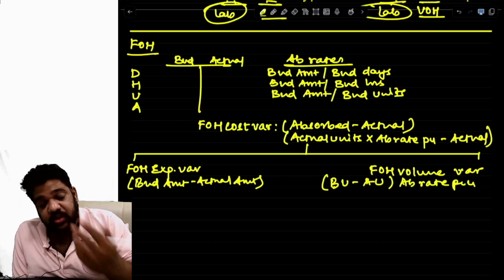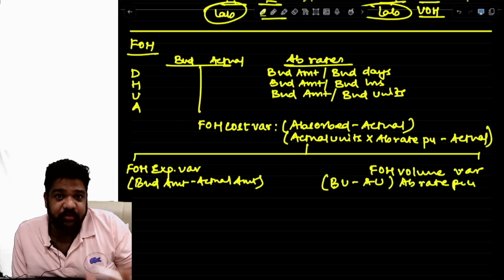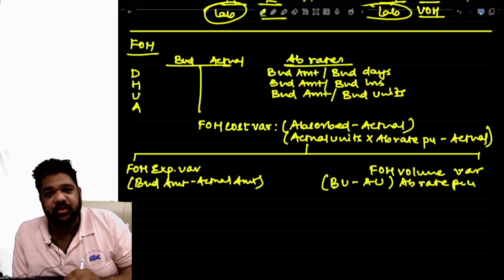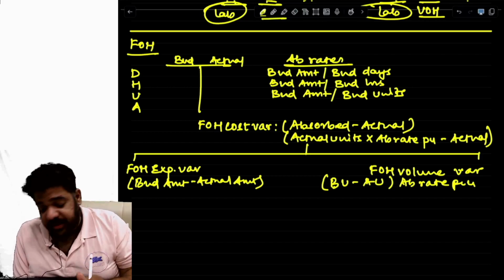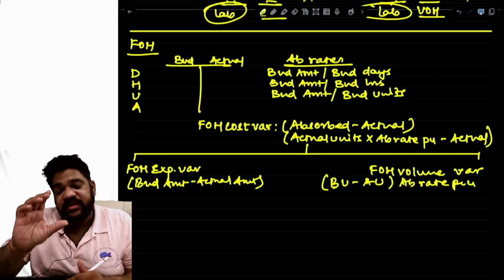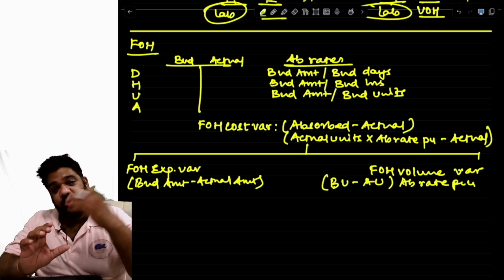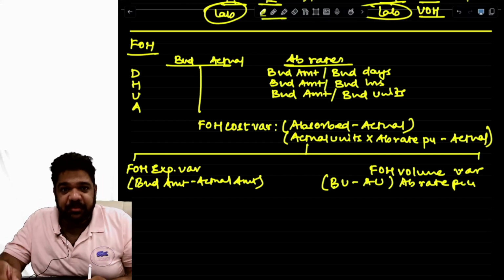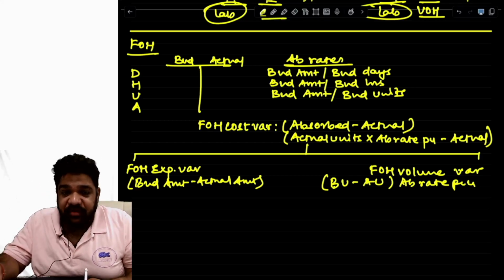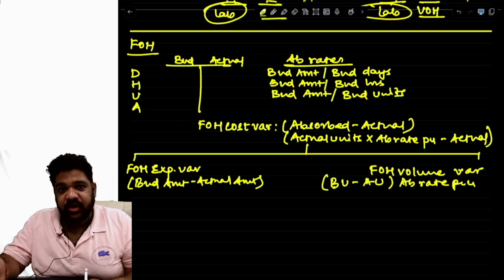If you are making more number of units, favorable. If you are making lesser number of units, adverse. Why? Because the cost is a fixed cost. If you're doing more number of units in the same amount of cost, it is favorable, it is going to be helpful.